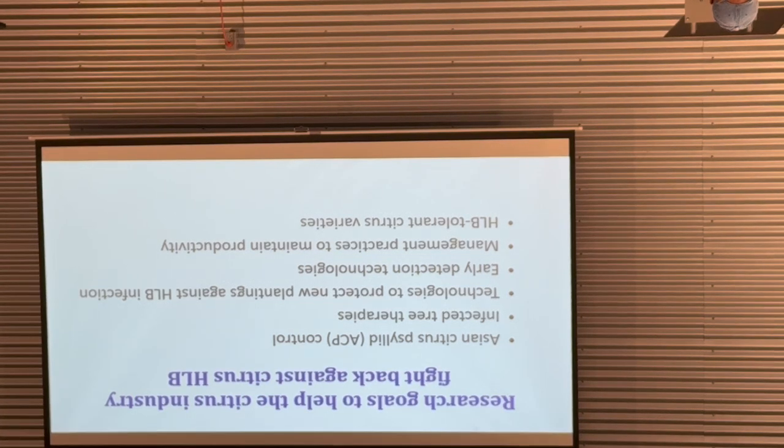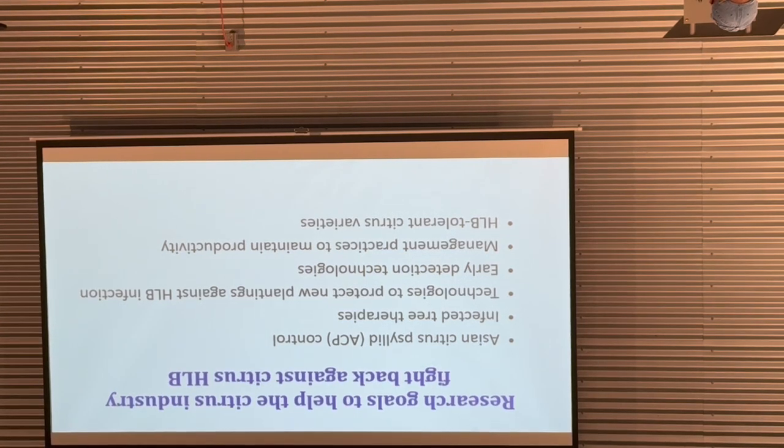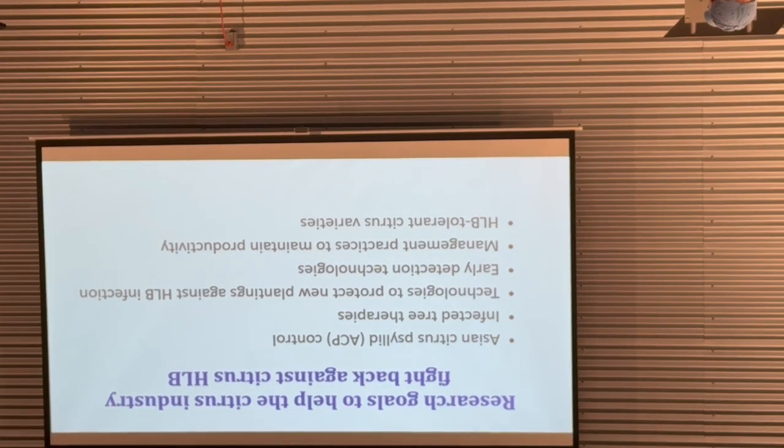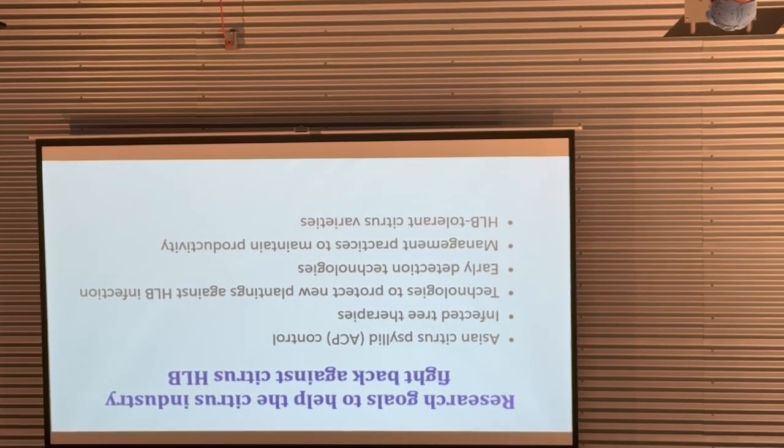And we researchers put lots of effort into working on technology to protect newly planted trees because younger trees can be more susceptible to the disease. And of course, early detection technologies. If we can detect the disease as early as possible, we can prevent it from becoming a pathogen source.